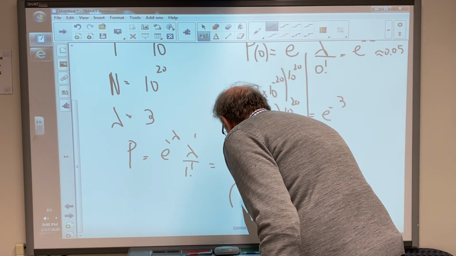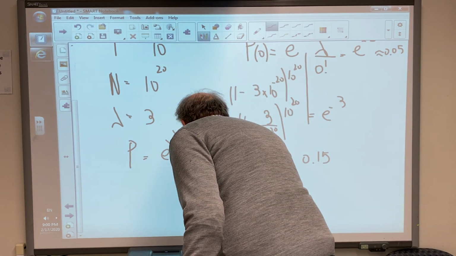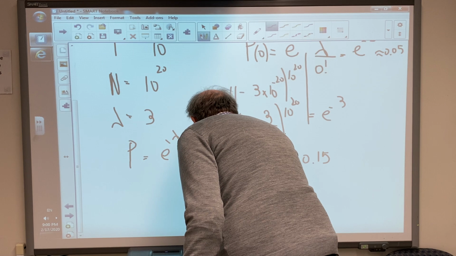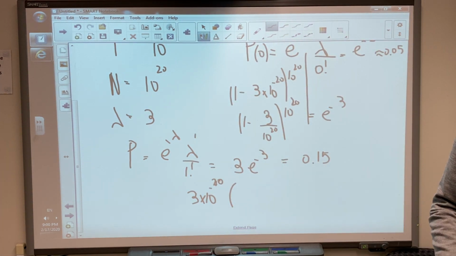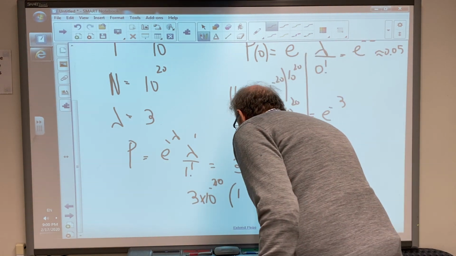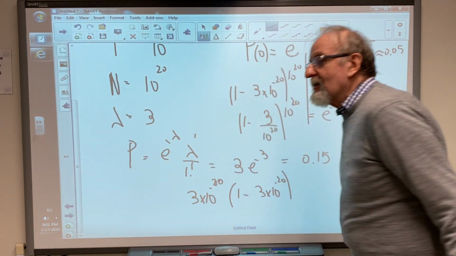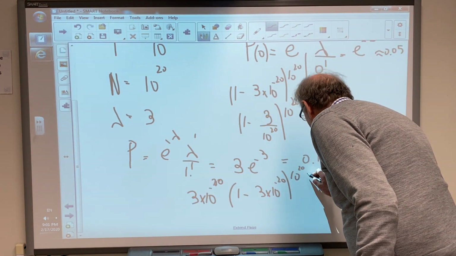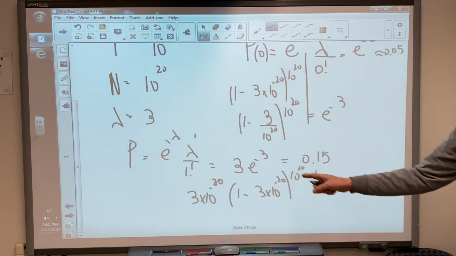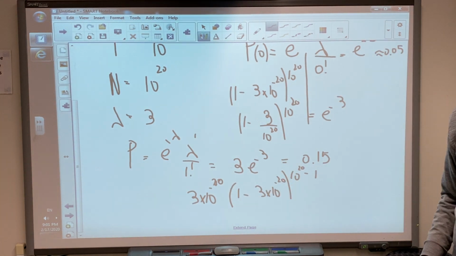That one particle decays with probability 3 times 10 to the minus 20, and that all the others do not decay with probability (1 minus 3 times 10 to the minus 20) raised to the power 10 to the 20 minus 1, because one has to decay and all the others must not decay to get exactly one.